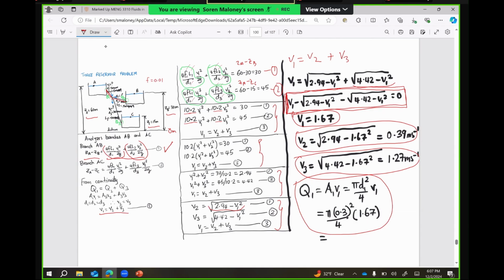This is one of the more complicated problems. The reason I show students this is because in the real world, this is what you have to deal with. But a computer is going to solve this for you. You're not going to solve this by hand, right?